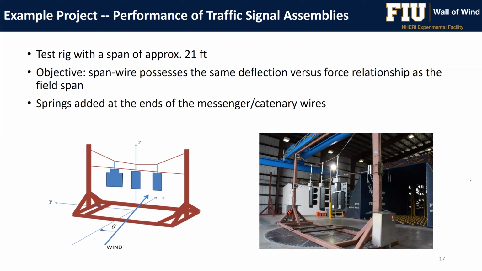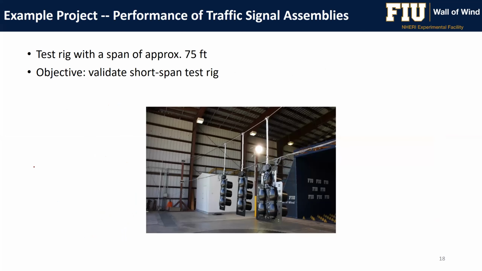And here this test frame was at 20 feet. So we came up with an approach where we attach the ends of the wires to springs in order to simulate a larger span. And obviously we wanted to verify this approach. So the study was followed by a full span. This was approximately 75 feet from one wall of the wall of wind to the opposite end.